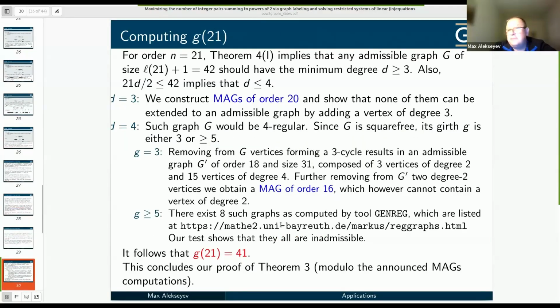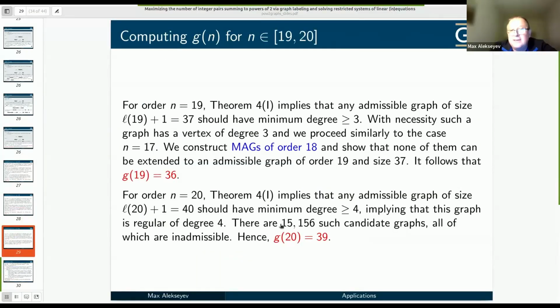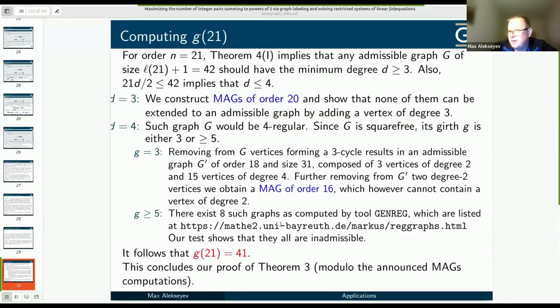Now, for 21, a year ago, I got values up to 20, and then I made further advances to the value of g of 21.